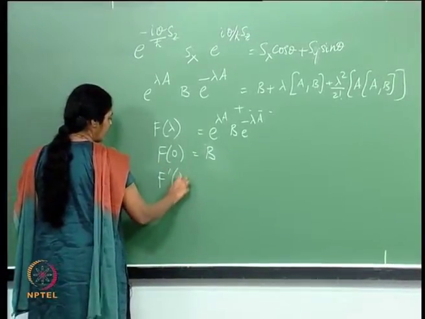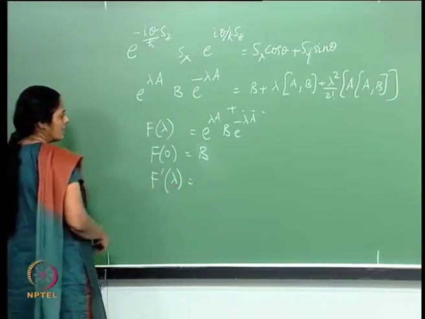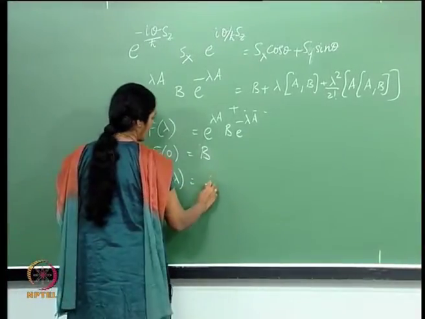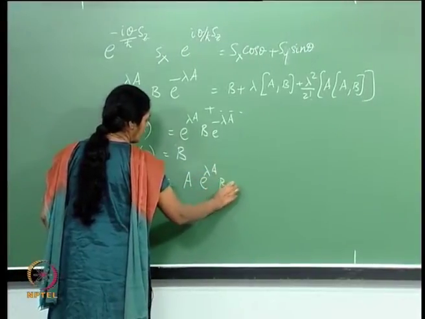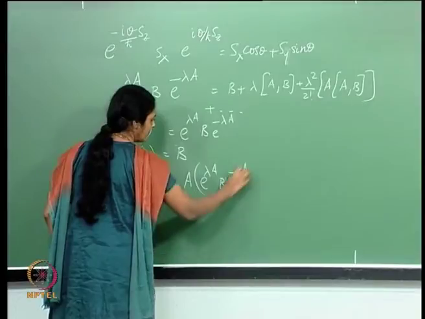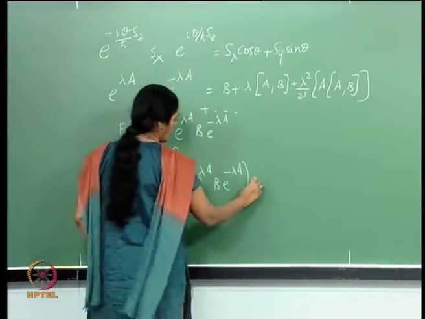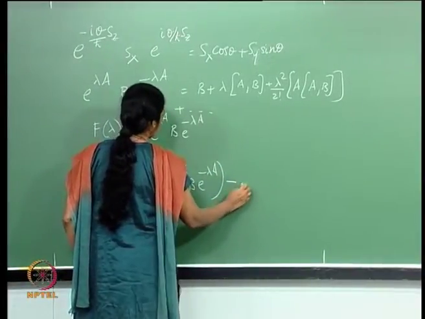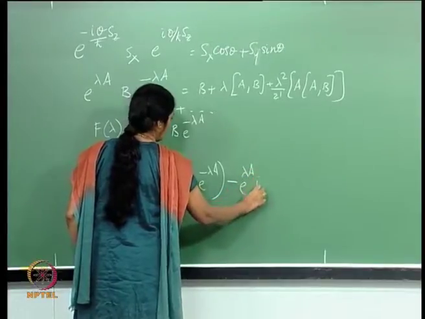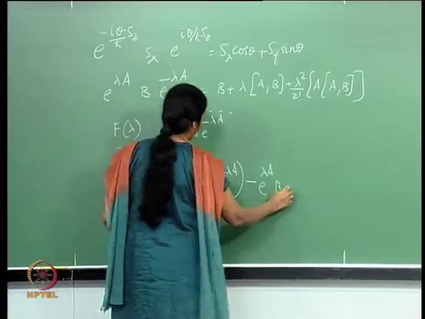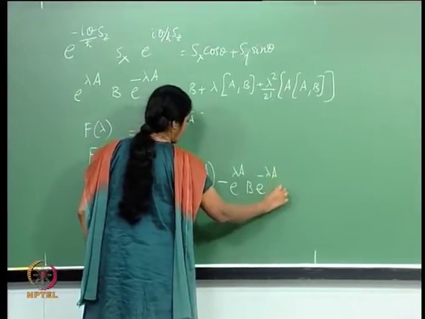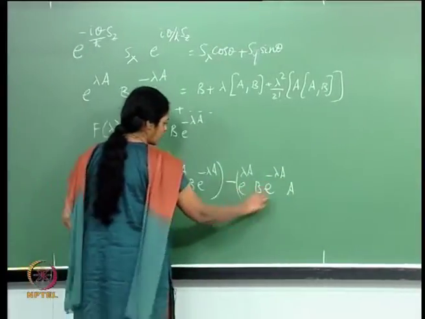So f prime of lambda, that means the differentiation with respect to lambda, gives me a e to the lambda a b e to the minus lambda a minus e to the lambda a b, I bring down the a there, e to the minus lambda a, but I bring down the a there.